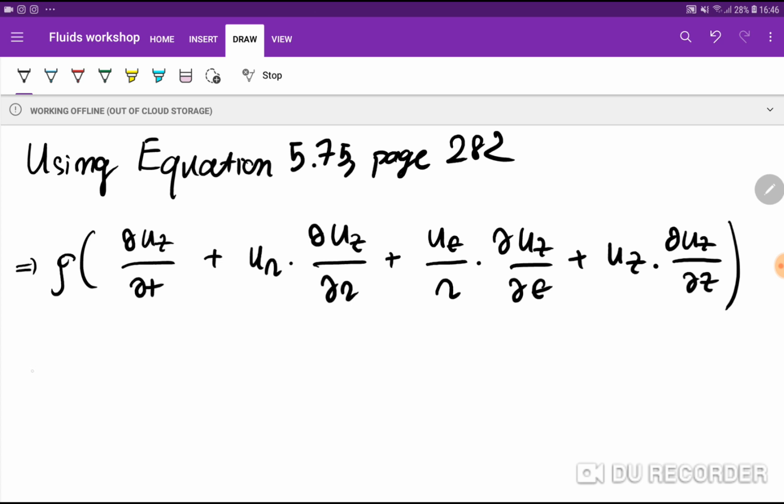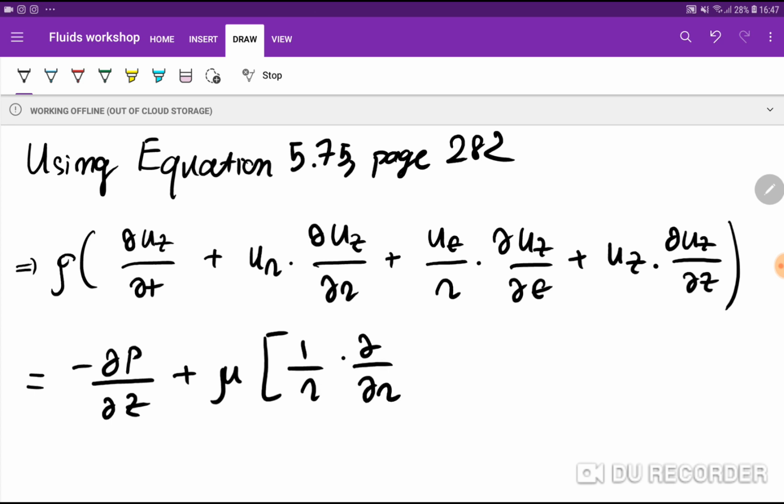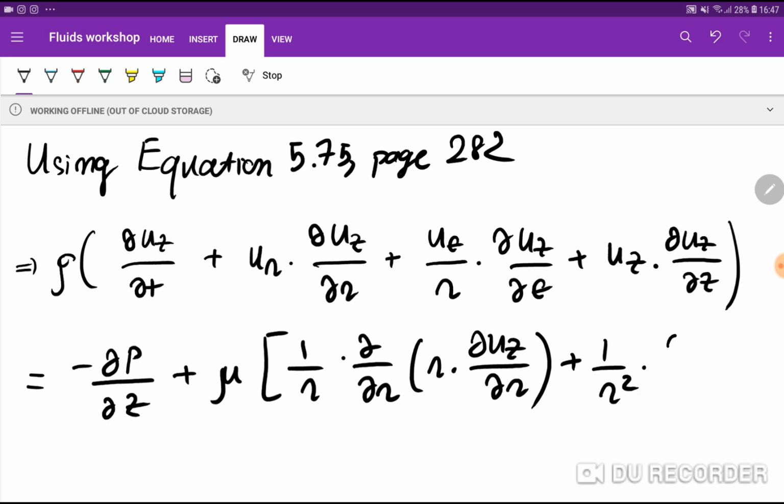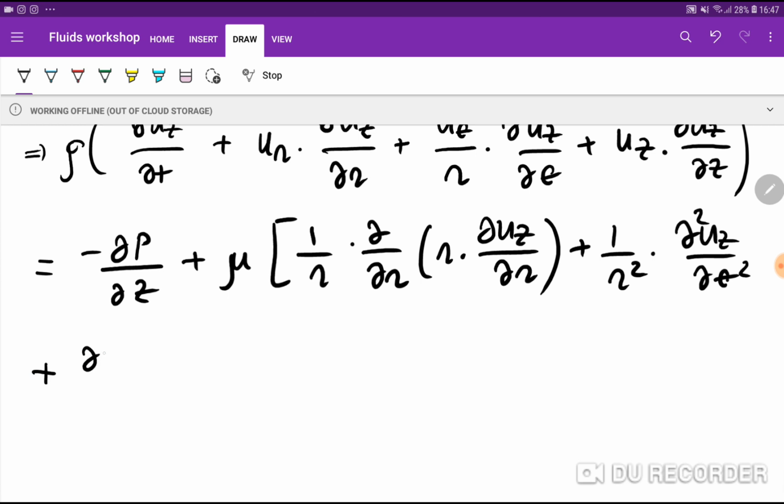Okay, so let's continue. So it equals negative partial pressure in the z direction plus mu times 1 over r times partial r of r times partial uz over partial r, plus 1 over r squared times partial of uz over partial theta squared, meaning the second partial derivative, plus partial of uz over partial z squared, meaning the second partial derivative.